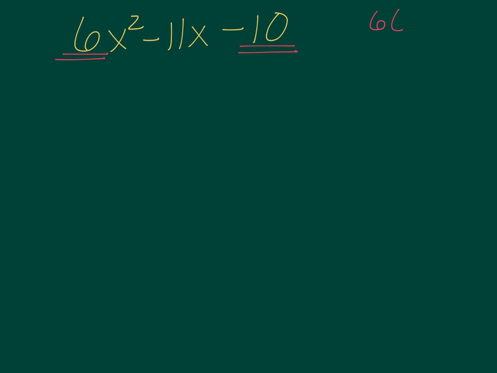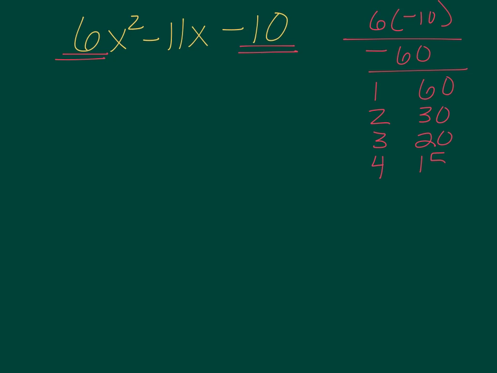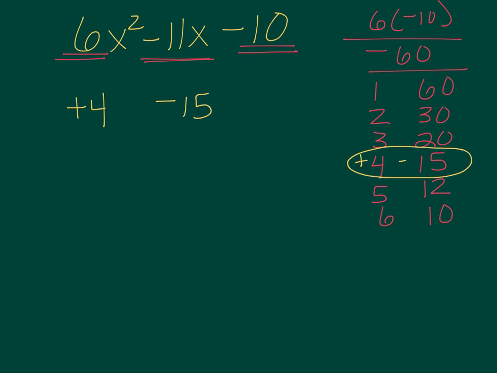If we multiply 6 times negative 10, we're going to get negative 60. 1 times 60, 2 times 30, 3 times 20, 4 times 15, 5 times 12, and 6 times 10. And we're looking for two numbers in this list that will add to negative 11. So we notice that if I choose positive 4 and negative 15, these two numbers will add to negative 11 and multiply to negative 60.